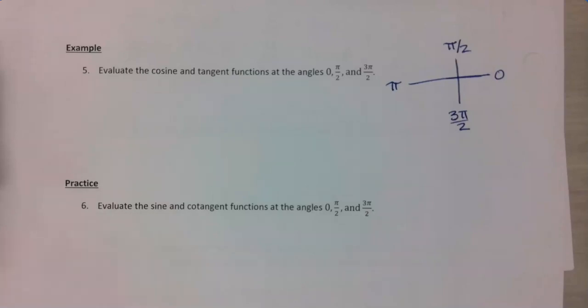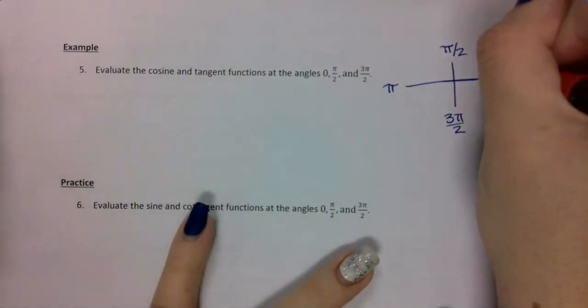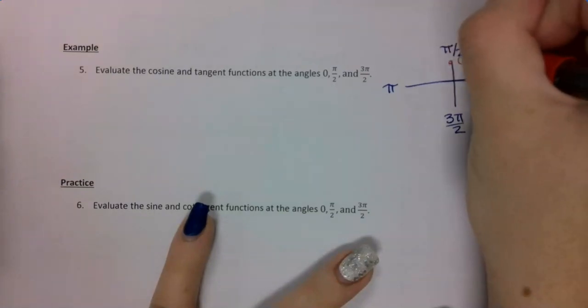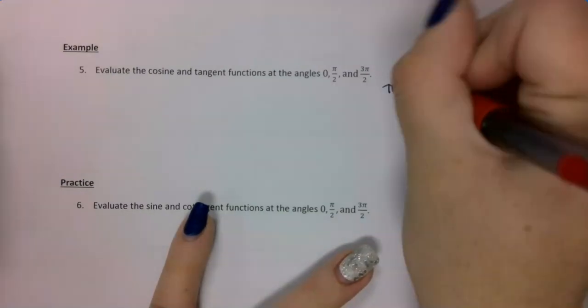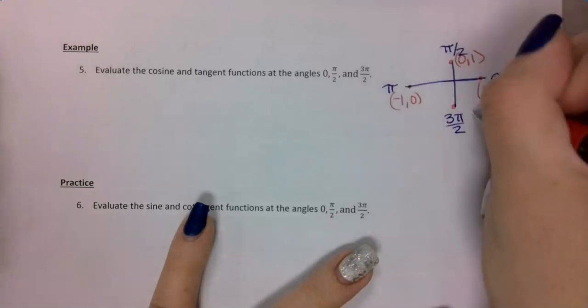Okay. So then what I want to do is give all of these a corner point. This is going to be 1, 0. This one is going to be 0, 1. This one is negative 1, 0. And this one is 0, negative 1.